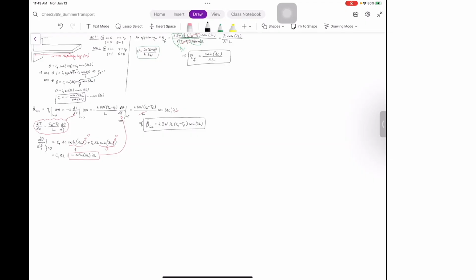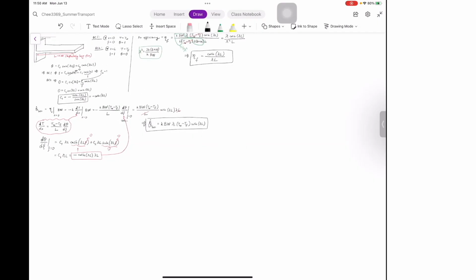Okay, I have a question. Sure. Last time we solved this second order differential equation based on the end part of the fin being insulated. Can we solve it for a fin that is open to the atmosphere, to the environment?